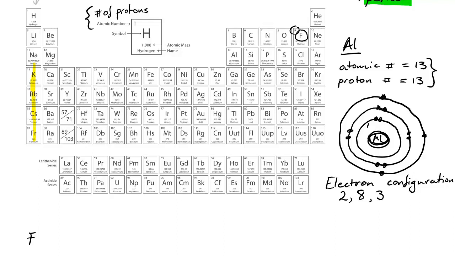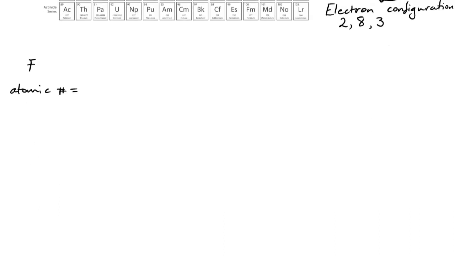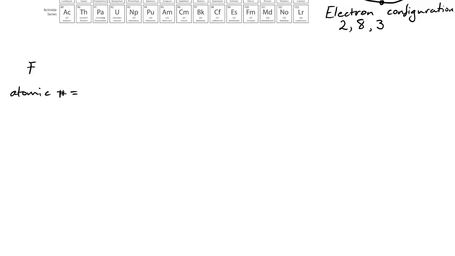We can straight away assume that atomic number is the same thing as the proton number, which in this case is equal to 9. Now there's going to be a bit of flicking back and forth because unfortunately the screen size is limited.